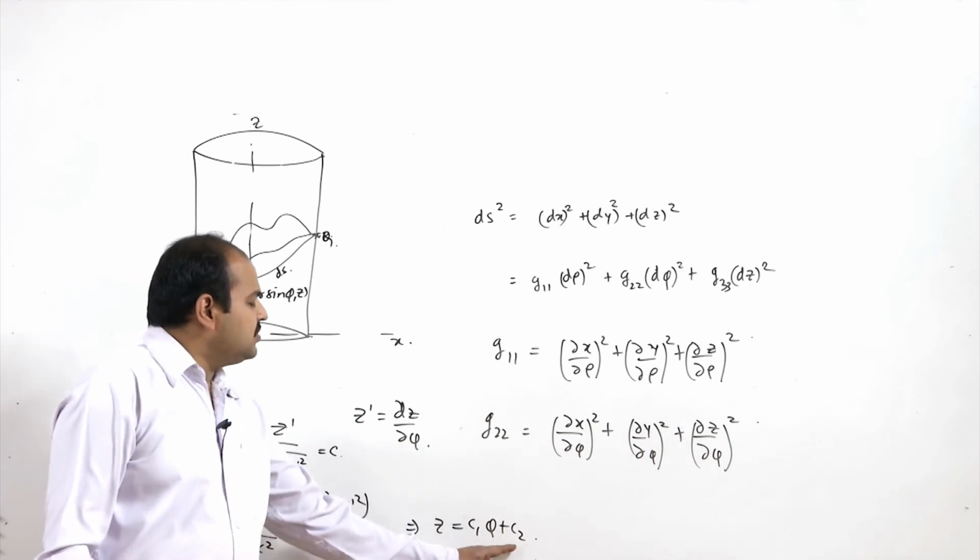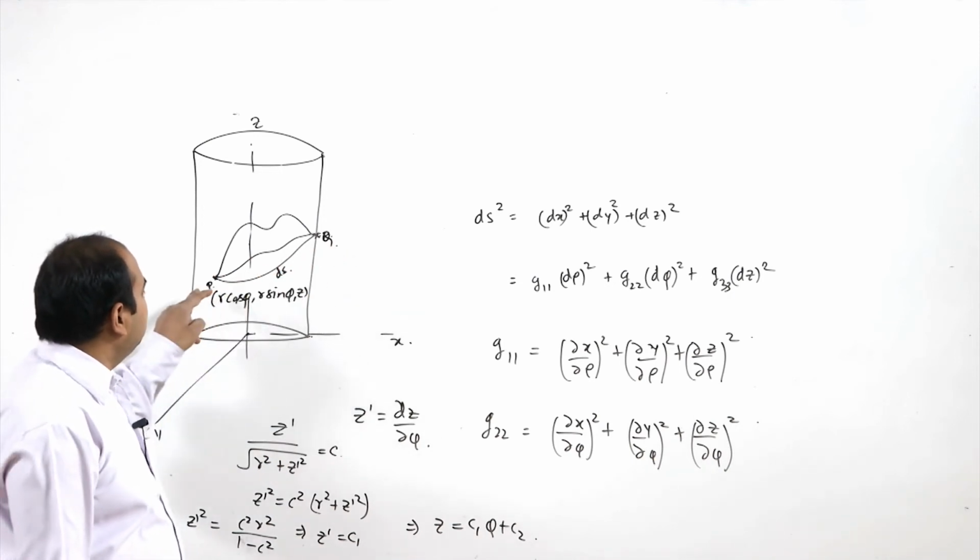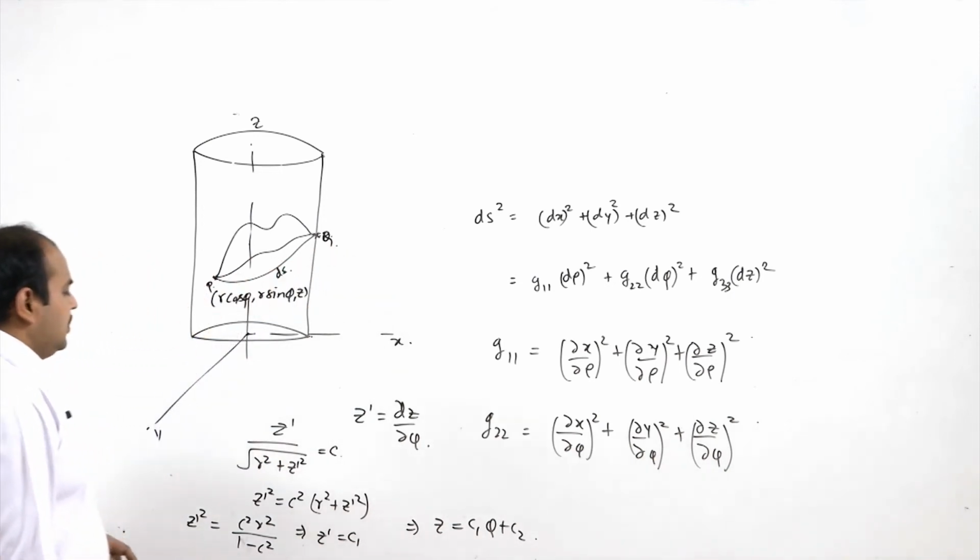Again, this c1 and c2 you can obtain with the help of the initial values, that P and Q are the initial values. Is it okay?